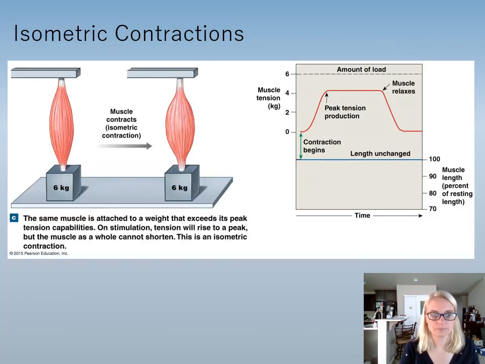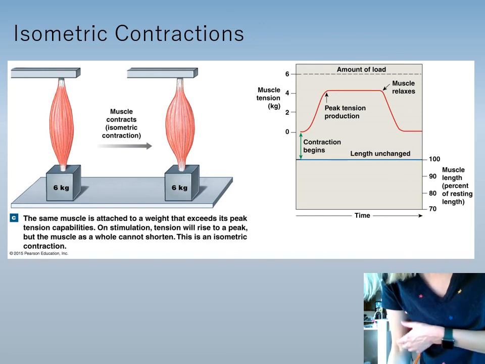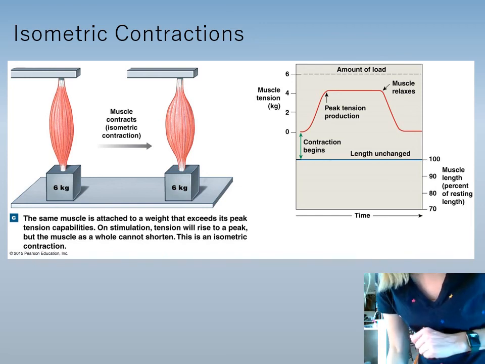And then lastly, we have isometric contraction. So isometric is you're producing tension, iso meaning the same, metric meaning length. You're not changing the length of the muscle. So again, if I'm going to pull up on my table, I'm producing tension, my muscle is contracted, I can feel it, but I'm not lifting up my table. I don't have enough strength to overcome the resistance, but that doesn't mean I'm not producing tension.